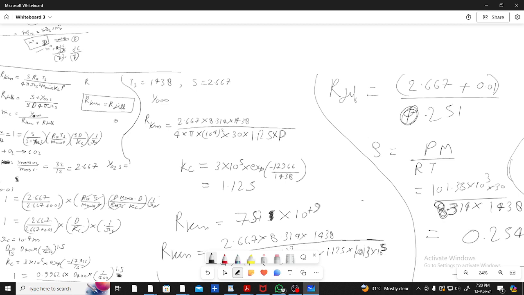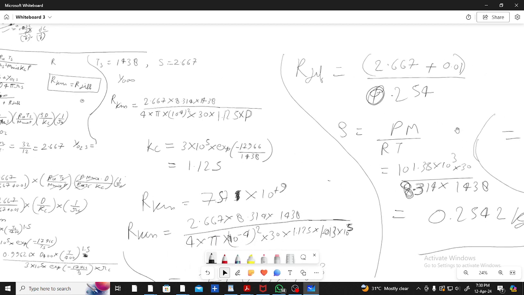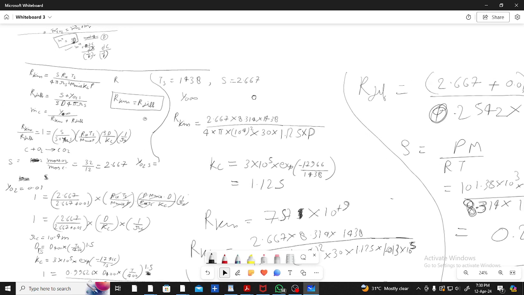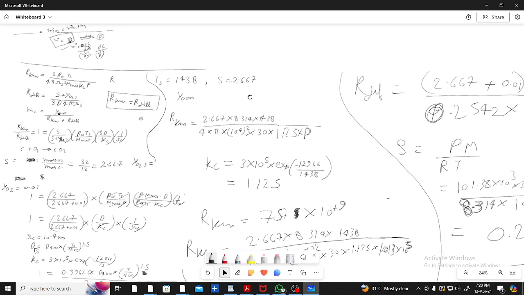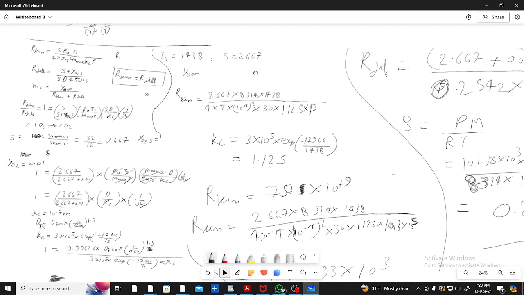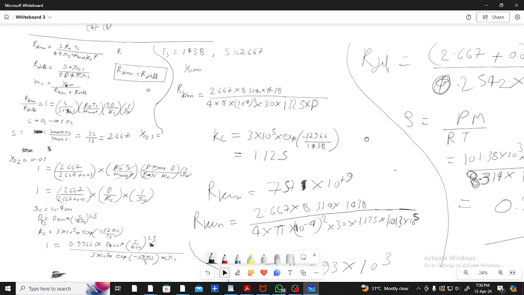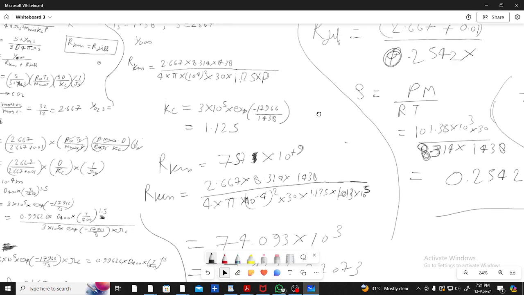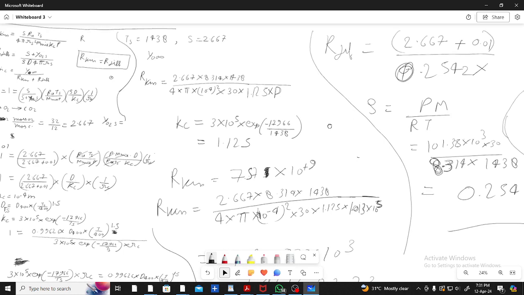0.2542. Okay. Rho into diffusion coefficient. You need to find the diffusion coefficient D. That you will get from that relation. What is diffusion coefficient D?